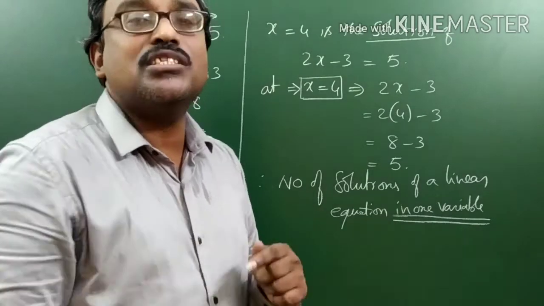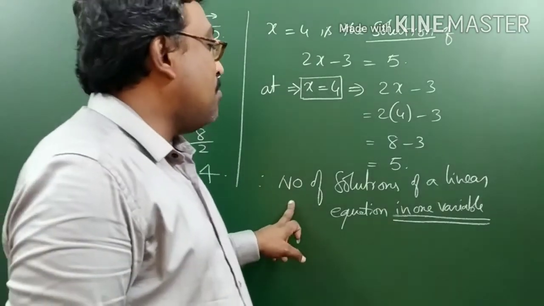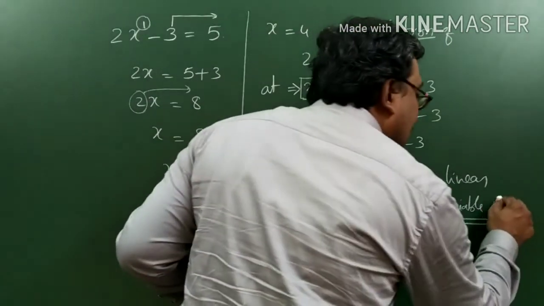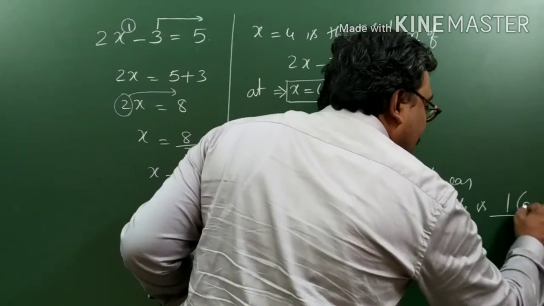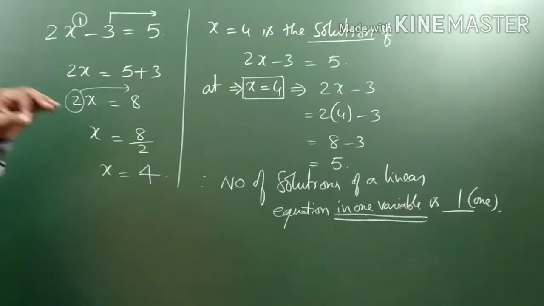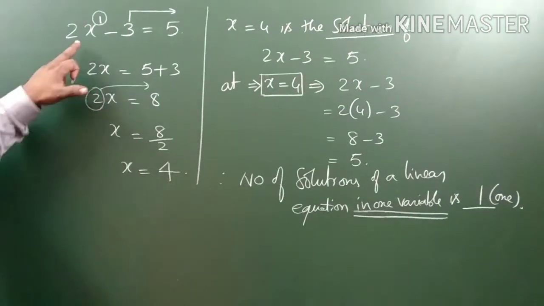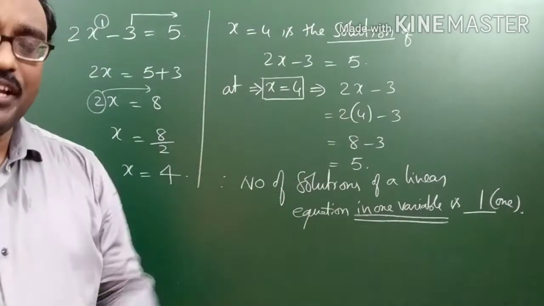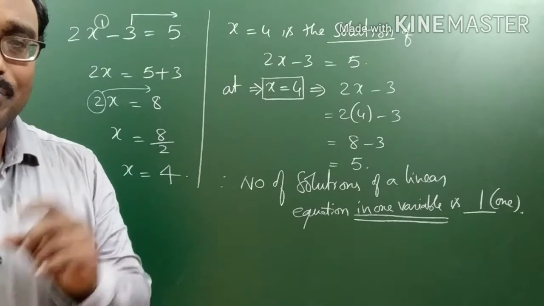So the number of solutions of a linear equation in one variable is always 1. Take any example and solve, and you will get one value for a linear equation in one variable.